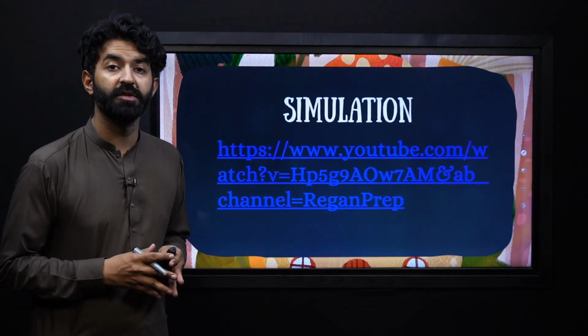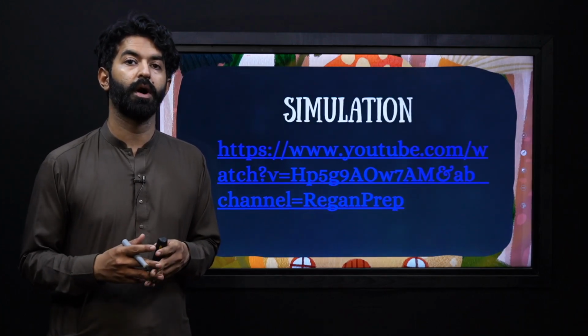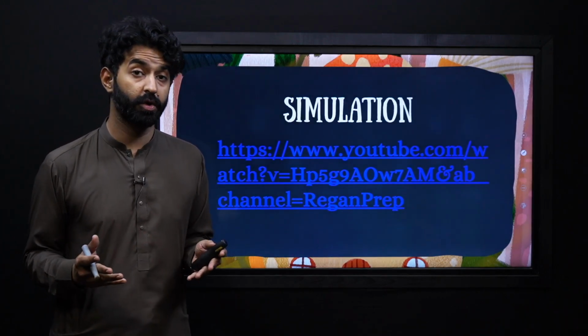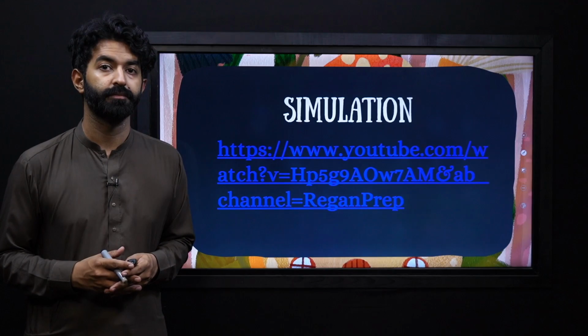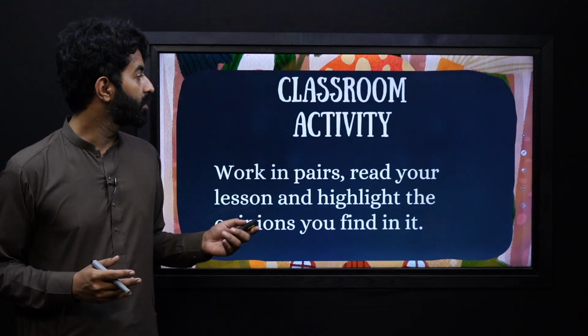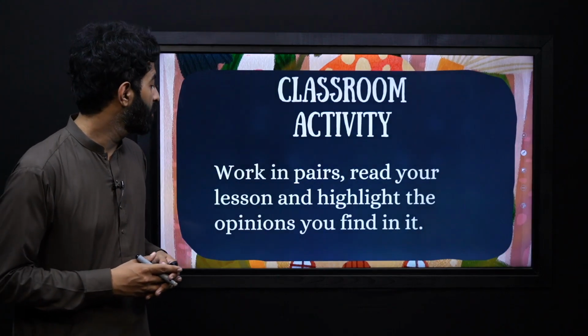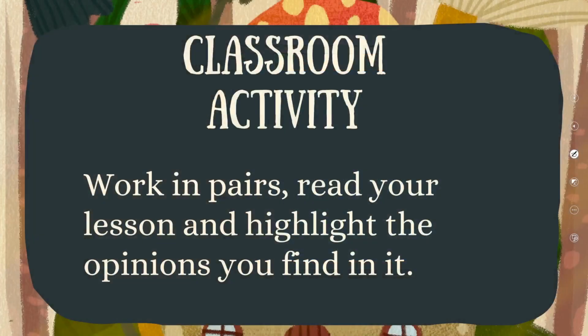My dear learners, here we have a simulation for you to understand more about how you can scan an opinion. Now, for your classroom activity, we have a question. You have to work in pairs, read your lesson and highlight the opinions you find in it.